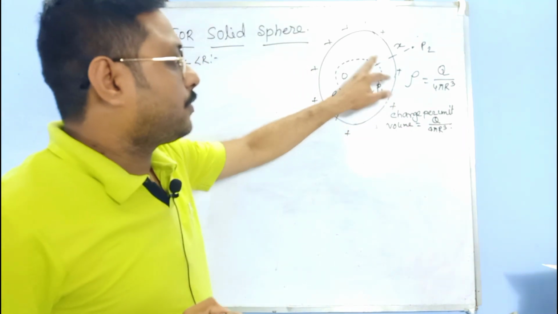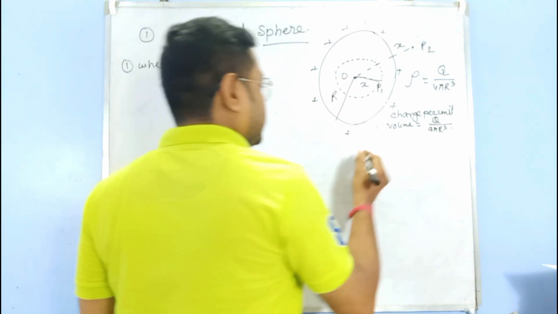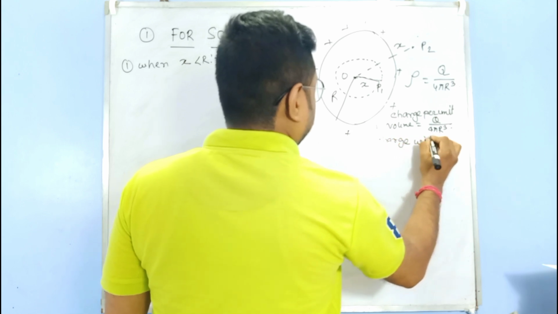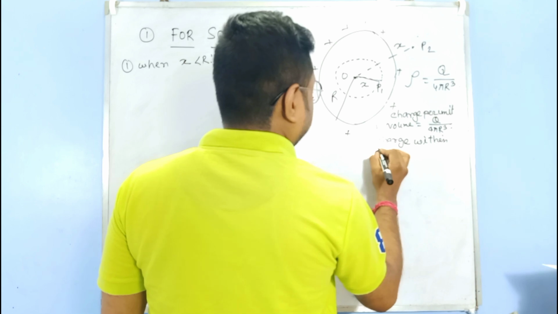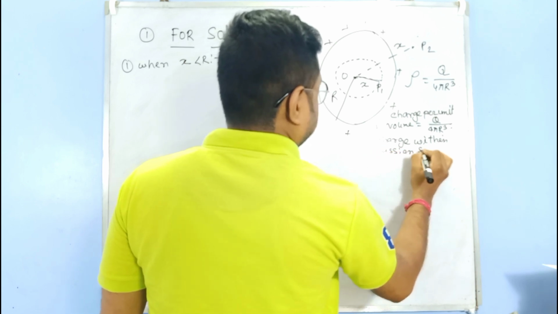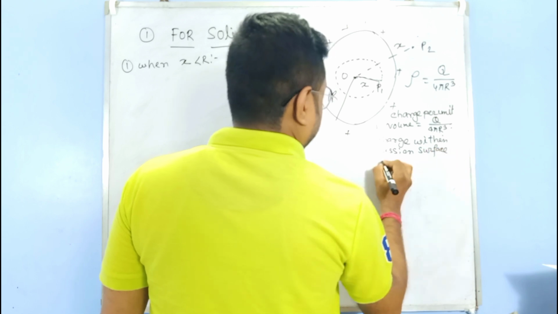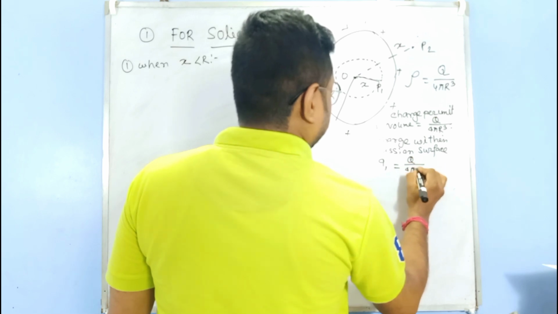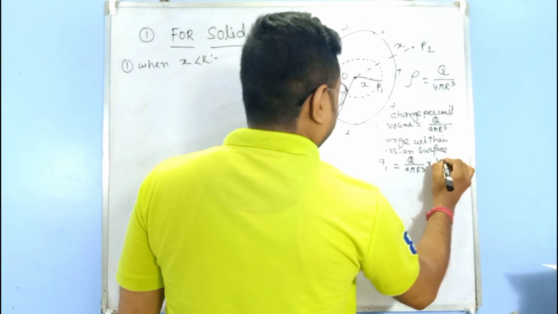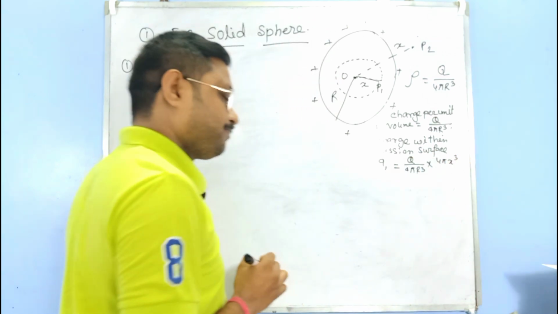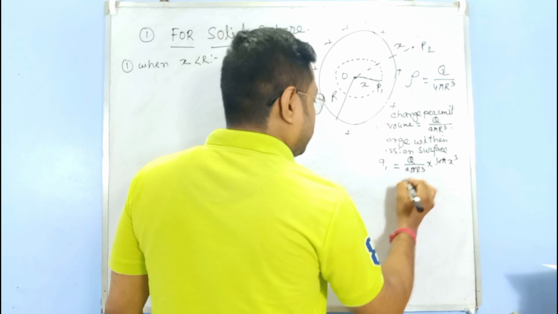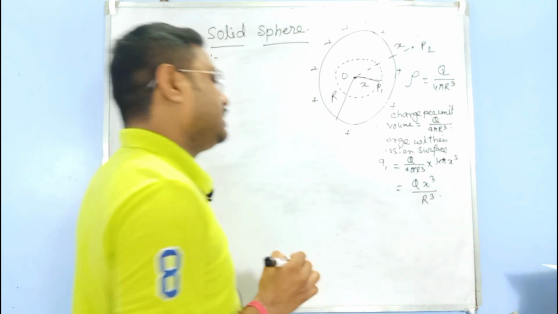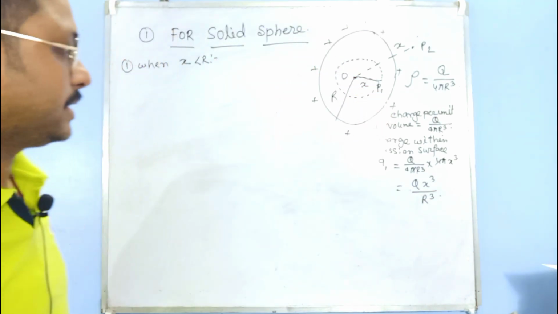Again, what is the volume of the Gaussian surface? 4/3 pi x cube. Therefore, the charge within the Gaussian surface, say q1, is given by Q by 4/3 pi r cube multiplied by 4/3 pi x cube. The 4/3 pi cancels out, and we get Q x cube divided by r cube. This is the total charge within the Gaussian surface.